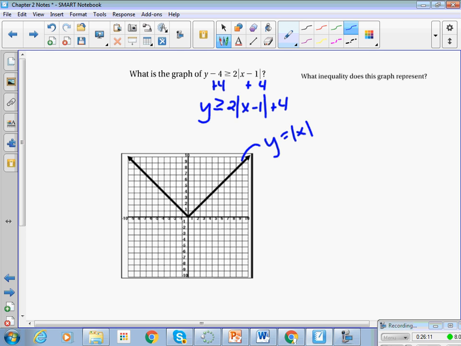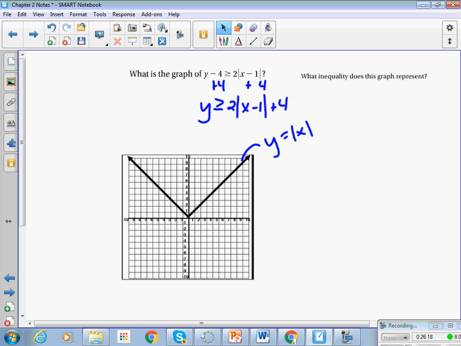So the first thing we're going to do is move it up 4 units. Sorry, it's a plus, so we're going to move it up 4 units. Then we're going to shift it to the right 1 unit, because that's what that minus 1 does. Then the 2 says I'm going to stretch it vertically by a factor of 2.